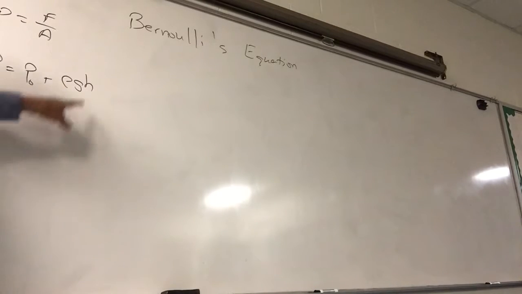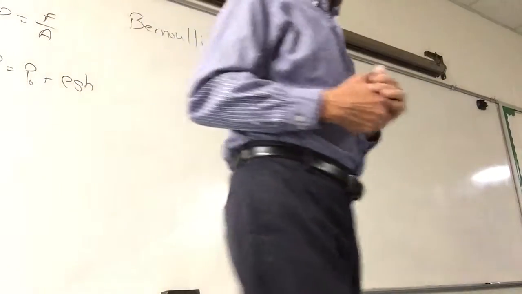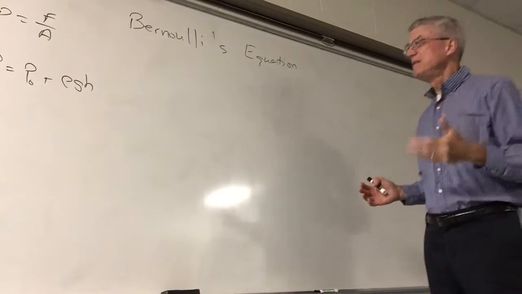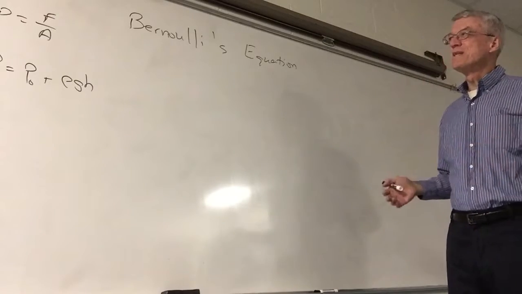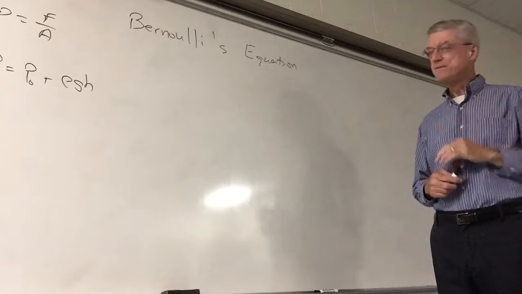The deeper you go, the more the pressure is, like if you're underwater. So we've talked about those equations before. Bernoulli's equation puts all of the factors into one equation that includes everything that really matters with pressure in a fluid.